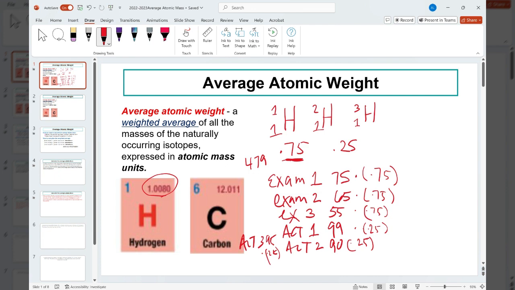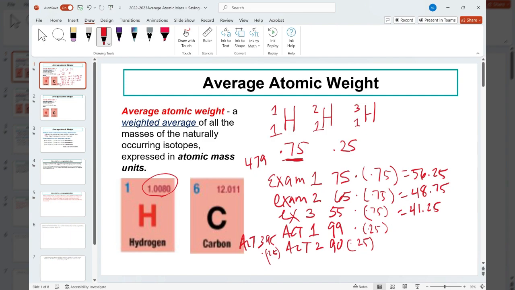So I would take 75 times 0.75, and I would receive 56.25. 65 times 0.75 is 48.75, and 55 times 0.75 is equal to 41.25.